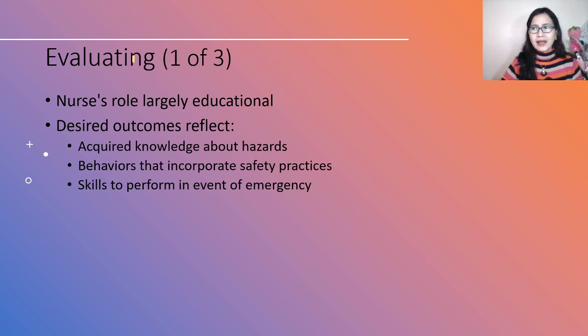So, the desired outcome here must reflect knowledge about hazards, behaviors that incorporate safety practices, and skills to perform in the event of an emergency. Take note that the nurse's role here is largely educational or through health teaching.